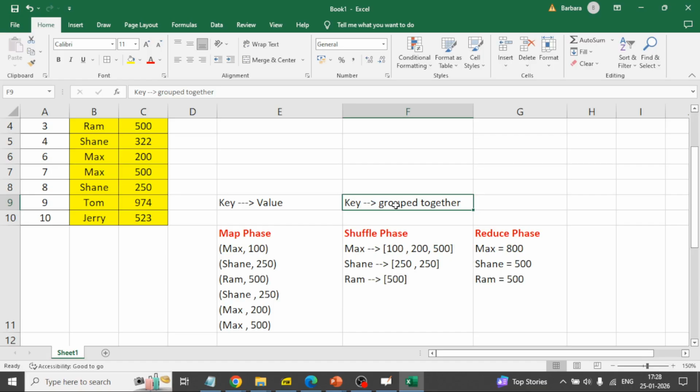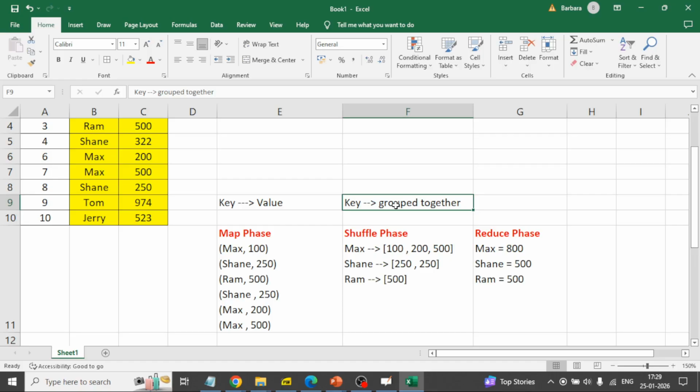It's a big story, but try to understand the Shuffle very thoroughly. So in Shuffle, I repeat, the values are grouped together with respect to keys. I'm not using the word combine. They are just brought together in a single bucket or a single place.